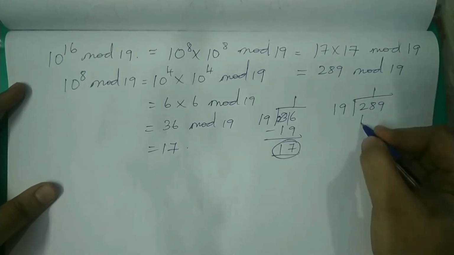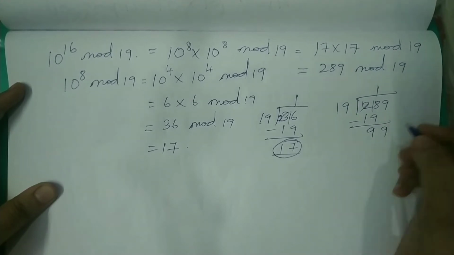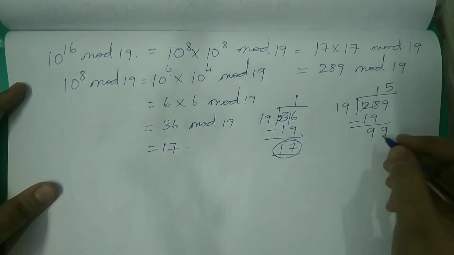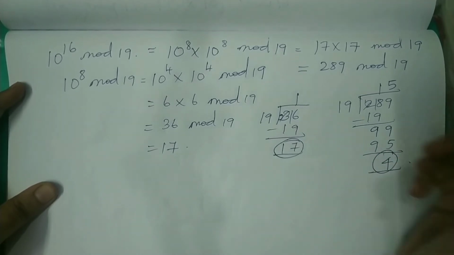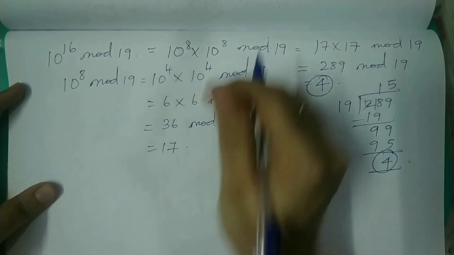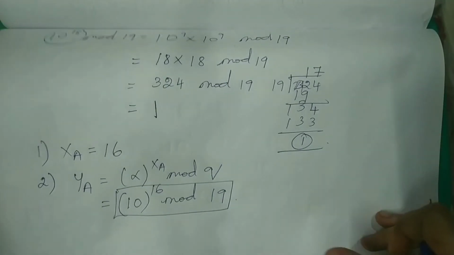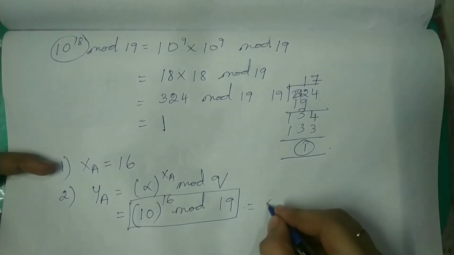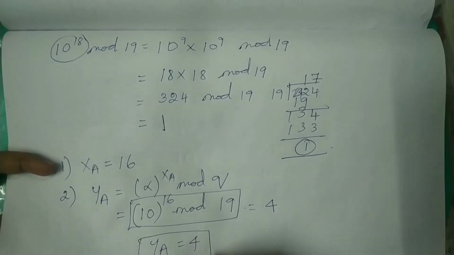It will go 1 time. 99, so it will go 5 times. 95, and remainder will be 4. So the answer for this is 4. So therefore YA is equal to 4.